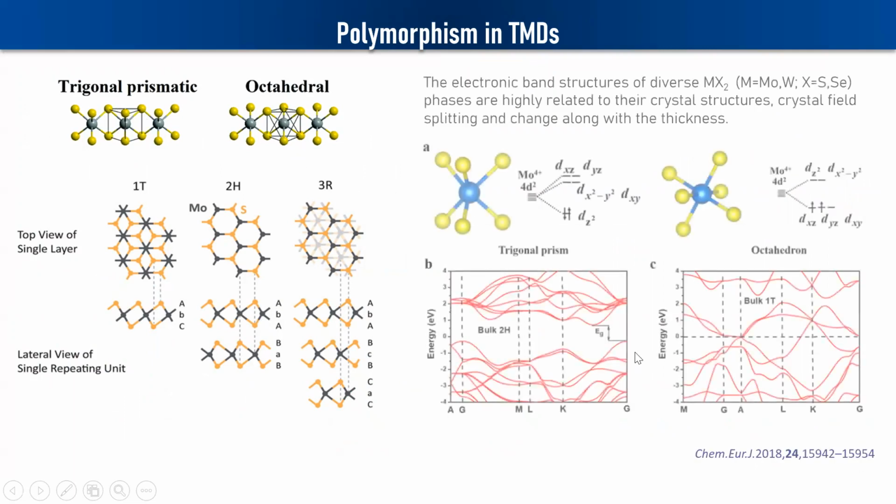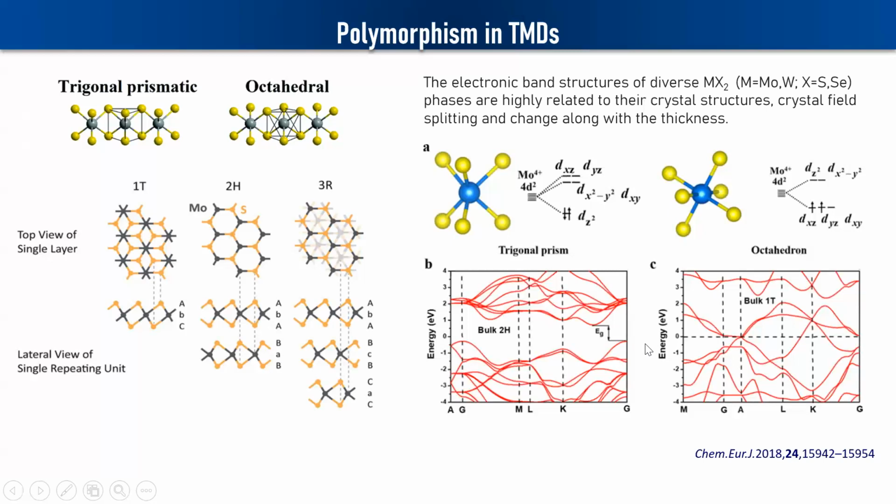The difference between these is that in a trigonal prismatic configuration, because of the crystal field splitting, the dz square orbital is lower in energy, whereas in the octahedral configuration, the lowest energy is for the dxz, dyz, and dxy.